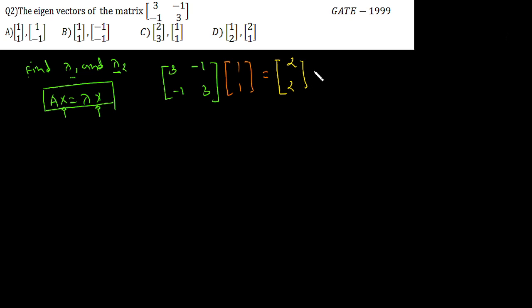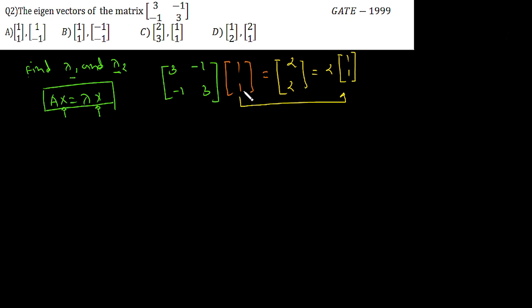Now we can take 2 out from this matrix to make it in the form of lambda times x. Here x is our initial vector, which is 1 1. So if we want to represent this in the form lambda x, then we have to take 2 out. So let's write it outside.